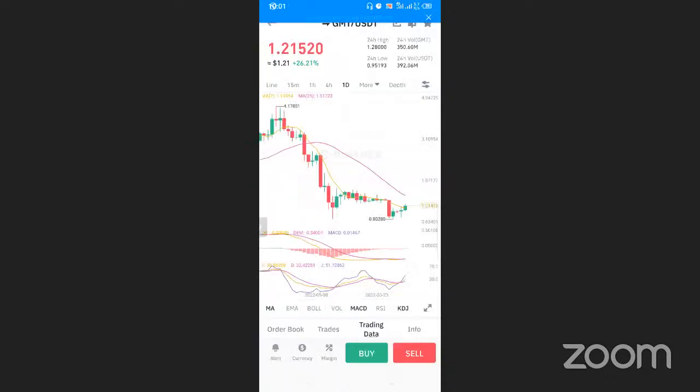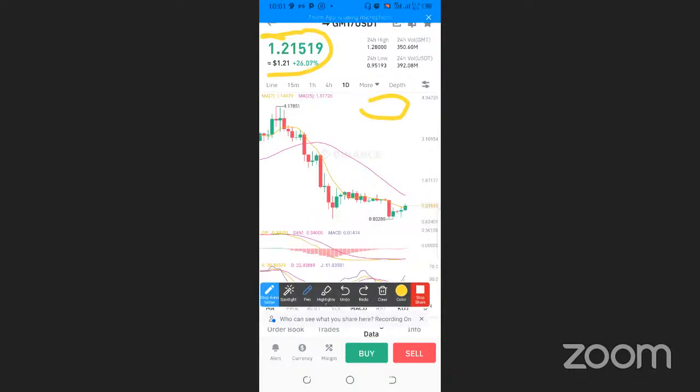Now, why must we trade this coin? Look at the market. Listen, I will show you something. Look at the all-time high, 1.28. Look at the current price of the market.